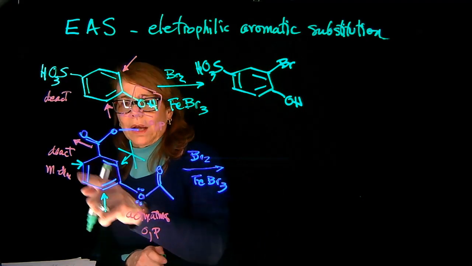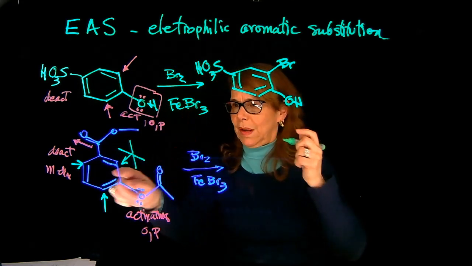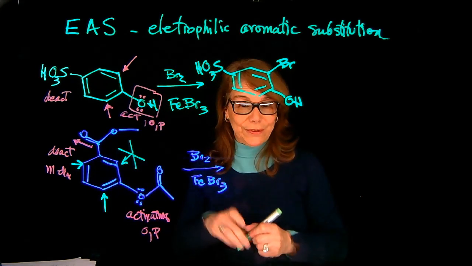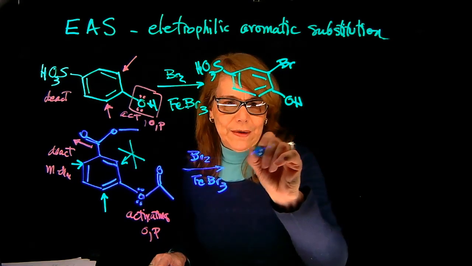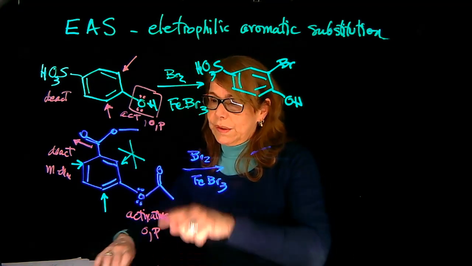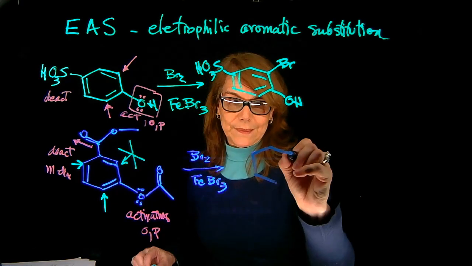Now I have two products. One is going to be here, and one is going to be ortho to the other group. So let's do the two products. Again, the one with the substitution between two groups is not going to happen.